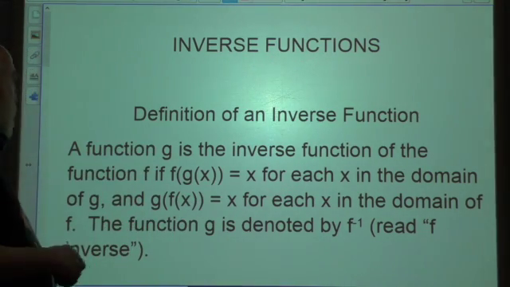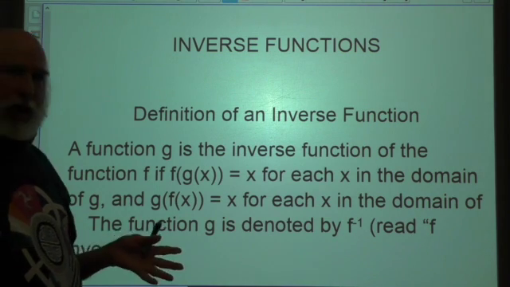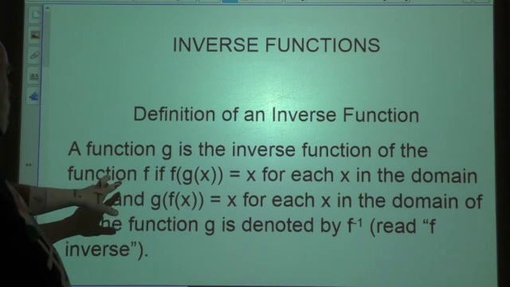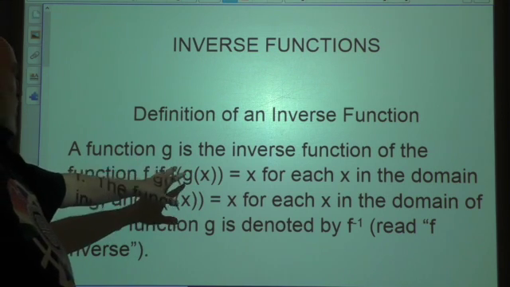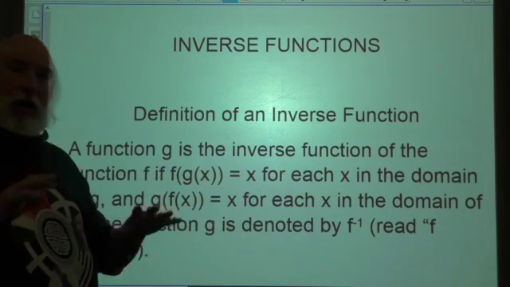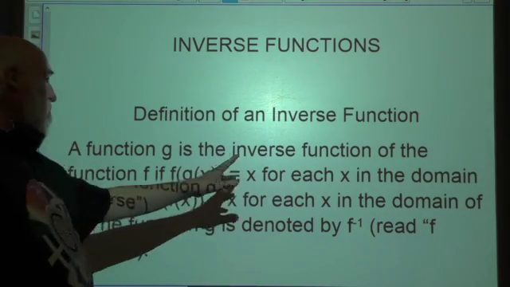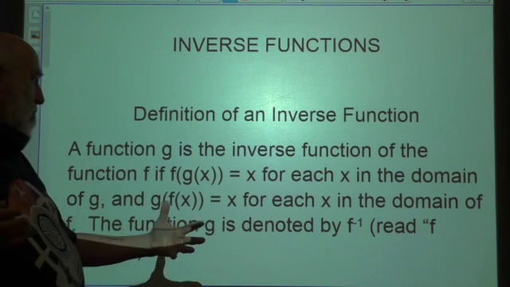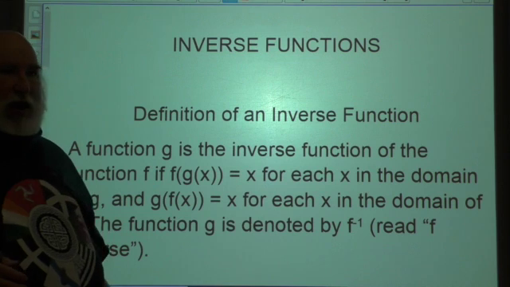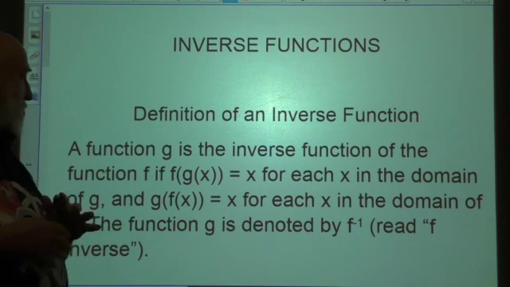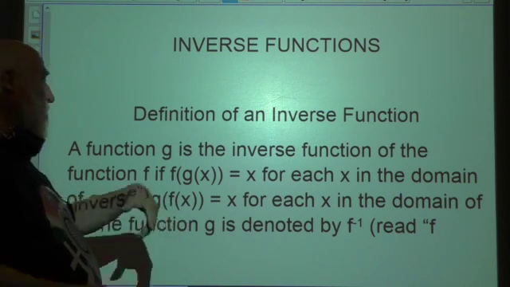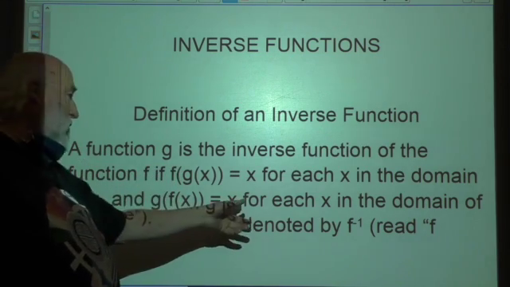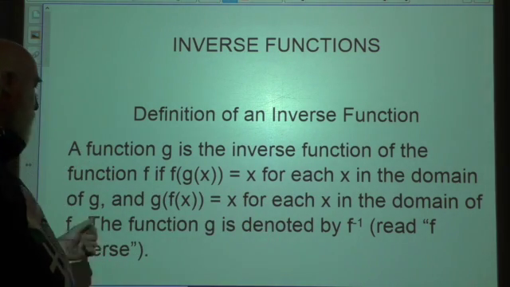First of all, the definition of an inverse function. A function g is the inverse function of the function f if f of g of x equals x, and I'll be showing you examples of this, and for each x in the domain of g, which means that the value of x is found in the x values of g, and g of f of x is going to equal x for x in the domain of f.